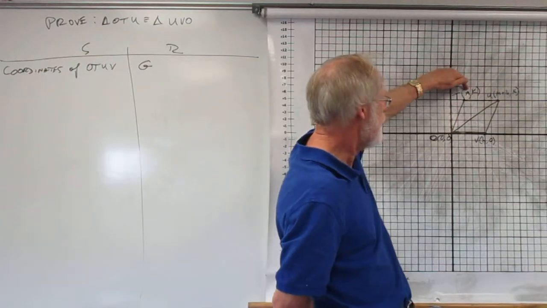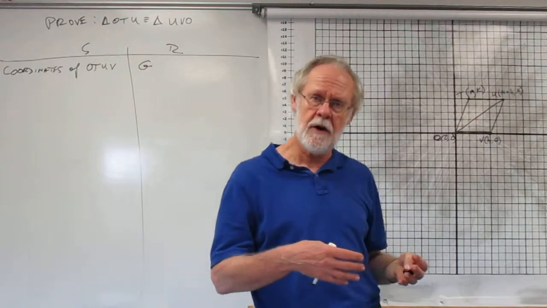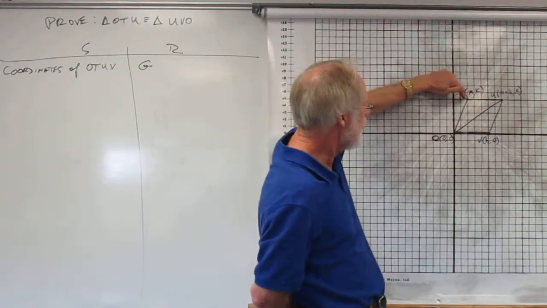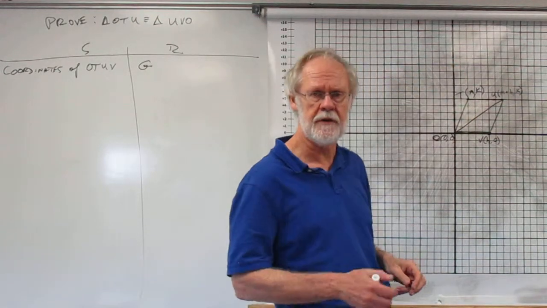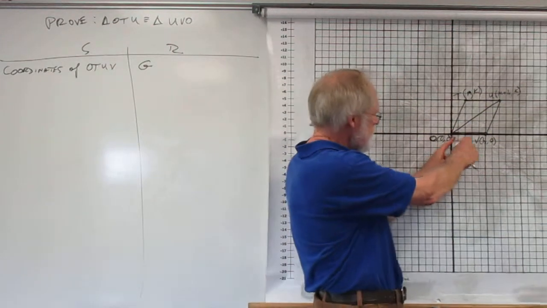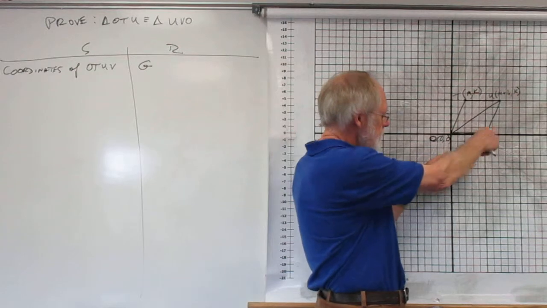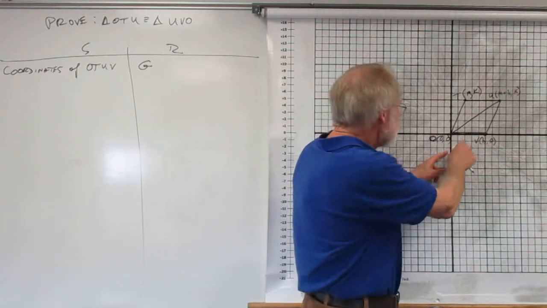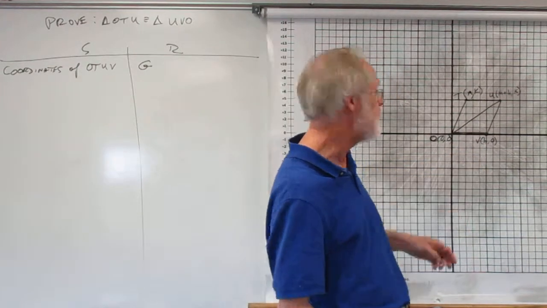Point T is at M, comma, K. That means we don't know the numerical values. We are simply labeling this point as out a certain distance M and up a certain distance K. This distance from O to V is out H and up or down 0. So it's on the x-axis, therefore this point is H, comma, 0.